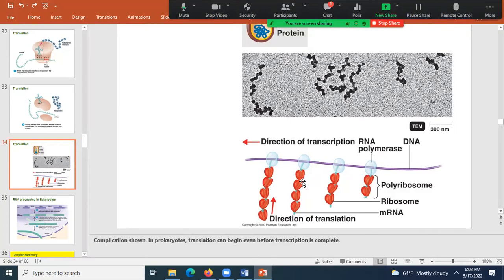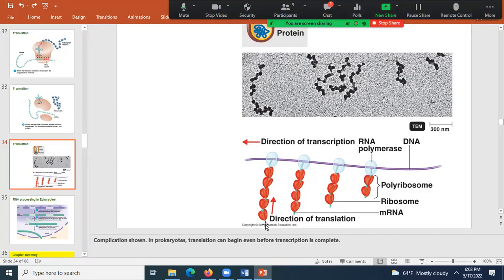And so while the messenger RNA is being made, a ribosome can actually bind to the messenger RNA and begin protein translation before the messenger RNA is even completed.